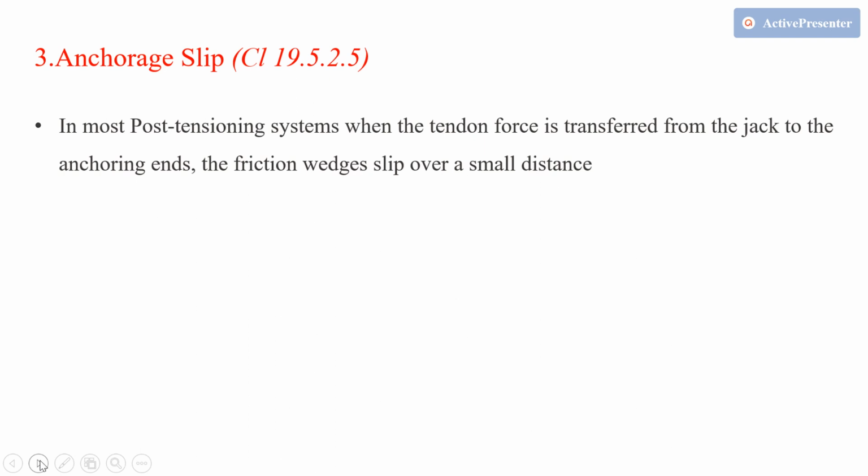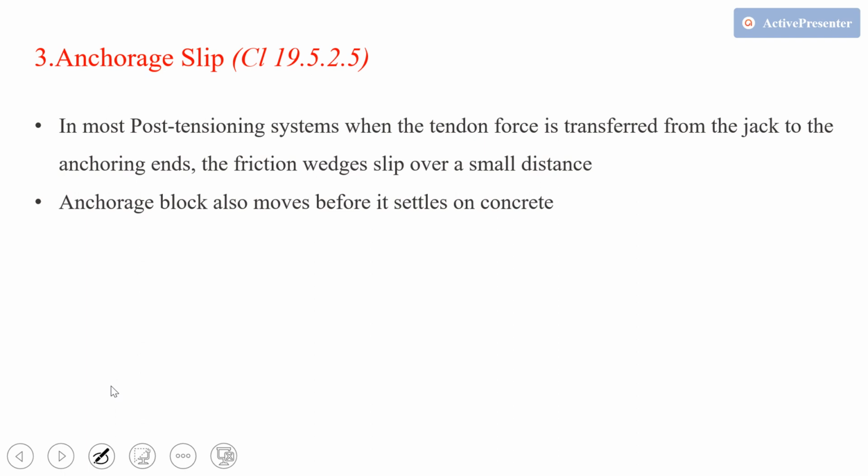You can imagine that. The anchorage block also moves before it settles on the concrete, because you are having your tendons like this. I'll take a section over here. You're having your duct.